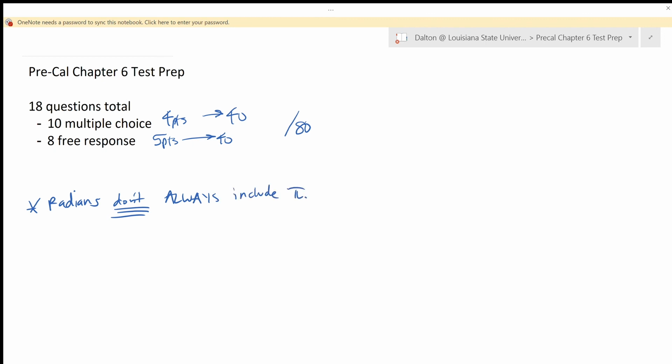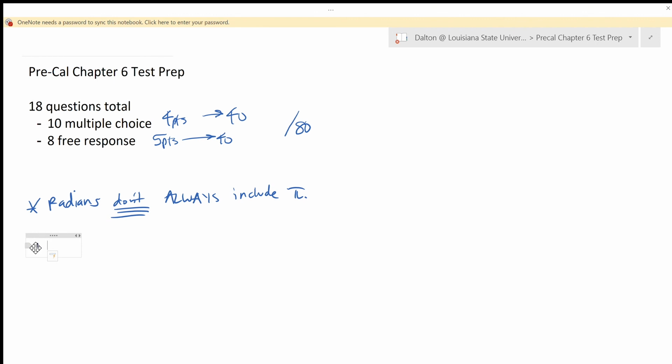I know many times radians have pi in them, like 3 pi over 4 radians, but that is not always the case. So I'm going to do a couple of examples that seem to cause a little bit of confusion on your study guide.